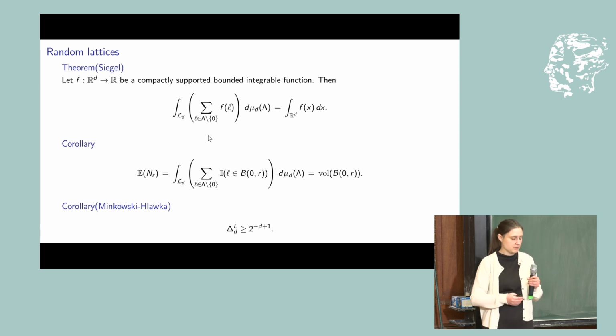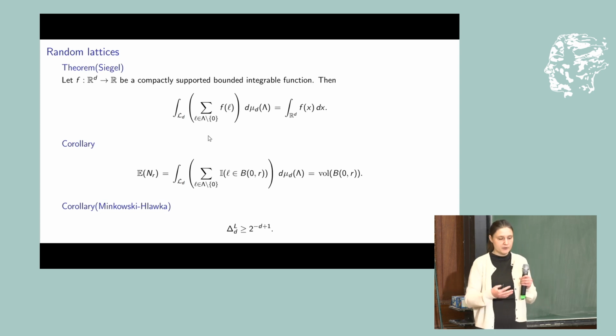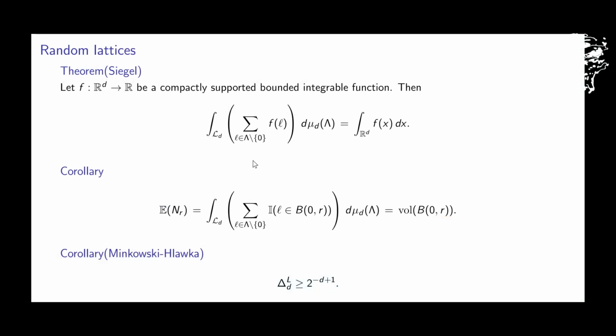So the usual way to compute the expected value is to use Siegel's mean value theorem. And so this theorem tells us the following thing. If we have any nice function on Euclidean space, so it should be smooth enough and have fast enough decay, then we can study not only the number of points in a ball, but for example, we can study the lattice sum of this function for different lattices. And so we might be interested in computing the average of the lattice sums over all lattices with our probability measure.